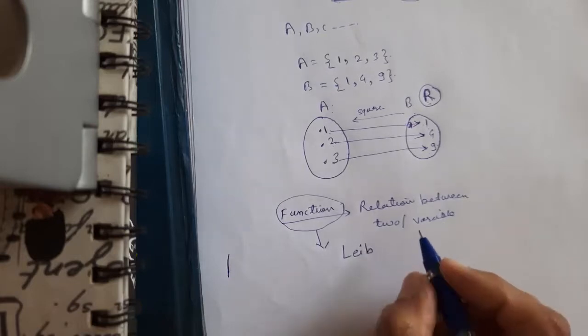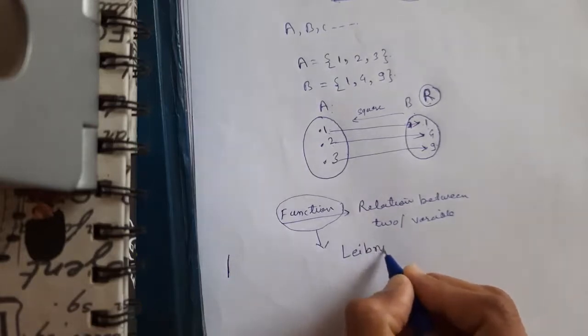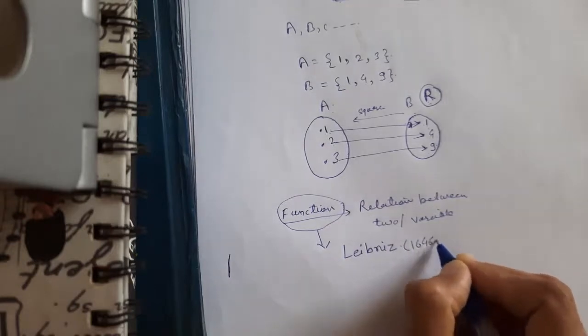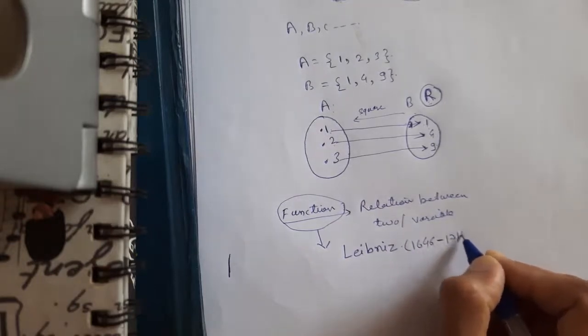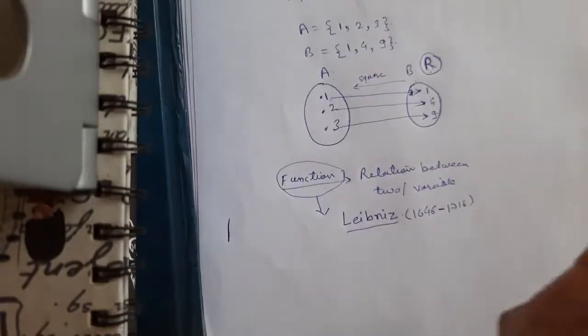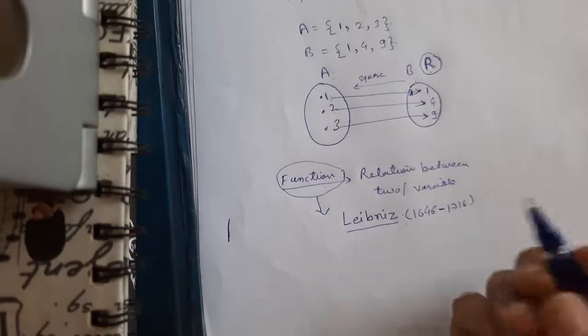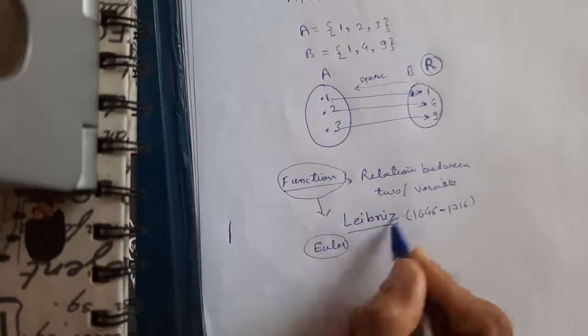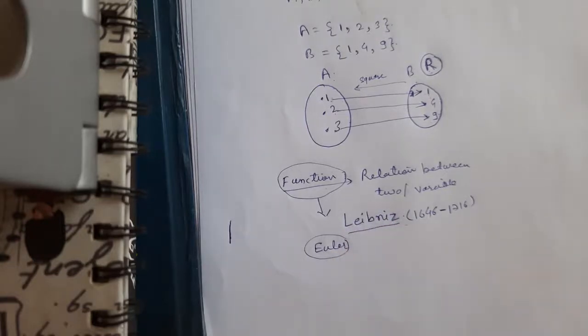This is the scientist, the mathematician that you need to search on Wikipedia. Just see his interesting development. So Leibniz first introduced this term function, and the idea of function was further formulated by Euler. Okay, so I want you to search for these two great mathematicians. You will find very interesting discoveries of them. So simply, the function is a relationship between two variables.